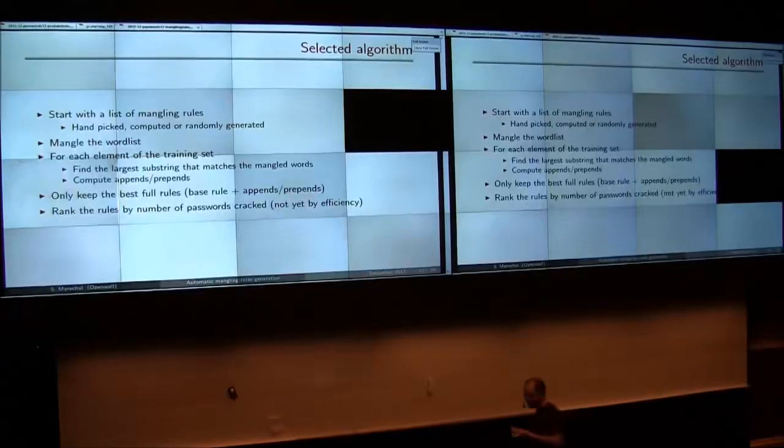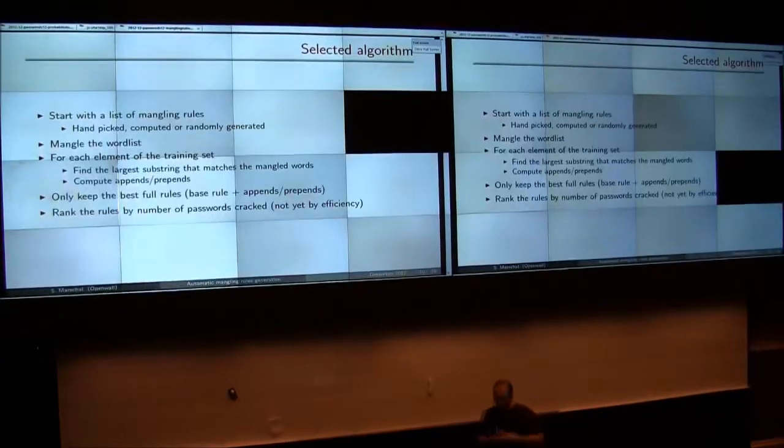And for each word in the training set, you try to find the largest substring from the mangled word list that fits in it. I will show you an example just after. And then from that, you know what people have appended and prepended. So you store the full rule, which will be mangling rule, append, prepend, and store somewhere that it cracks this password. Then you will be able to sort the rules, and well, it will be over.